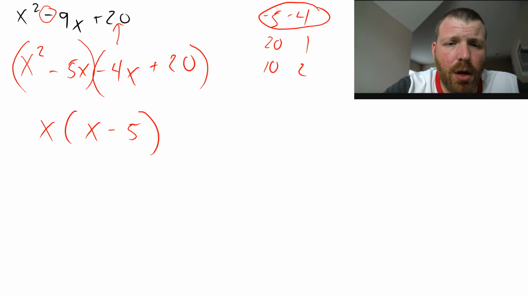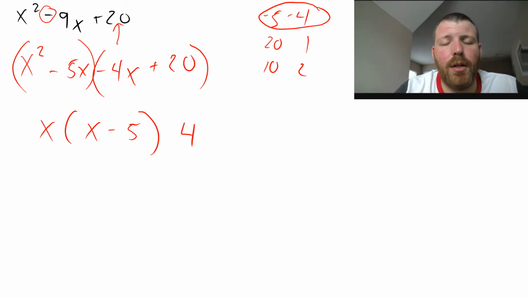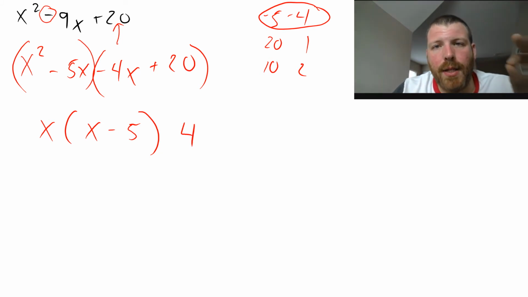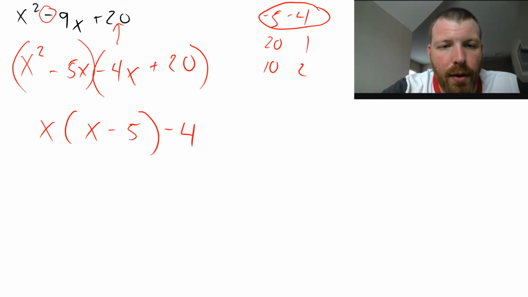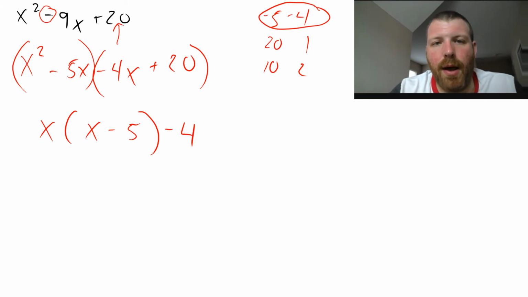Between these two numbers, 4 is the greatest common factor. But I have to take a negative out. The reason why is because this is negative here and this is positive here, and they're different. If I don't take that negative out, then I'm going to have an x plus 5, and I don't want that. I want x minus 5.